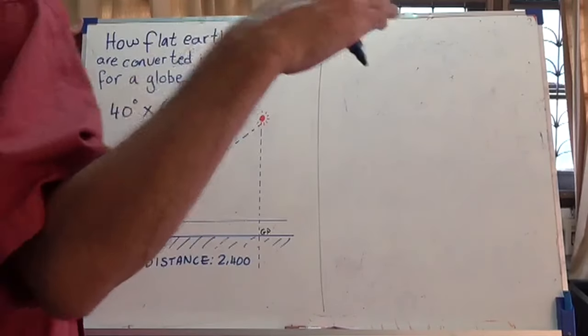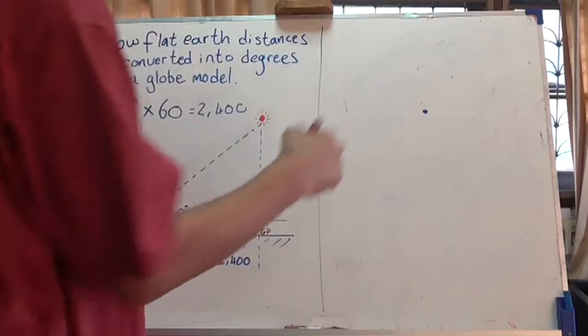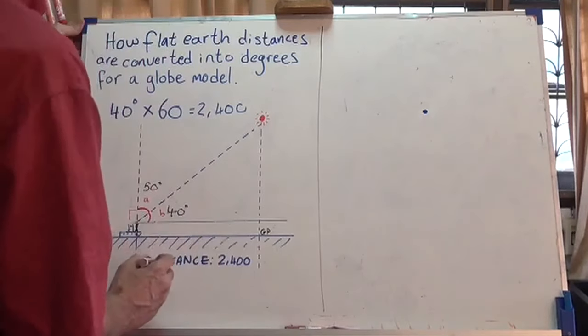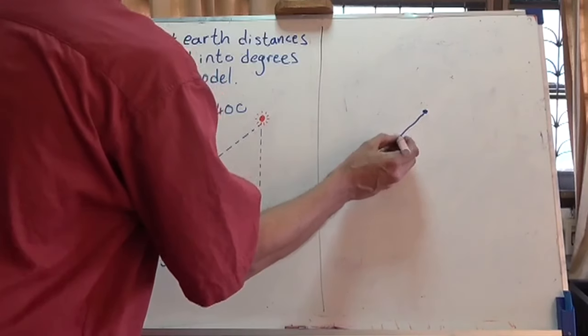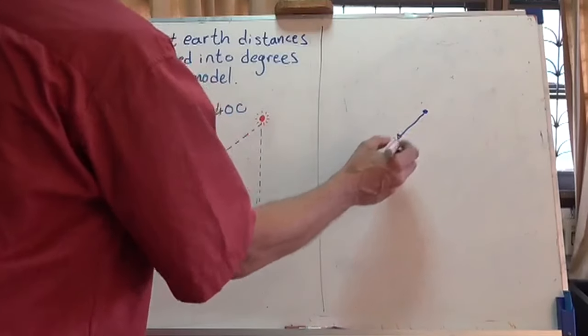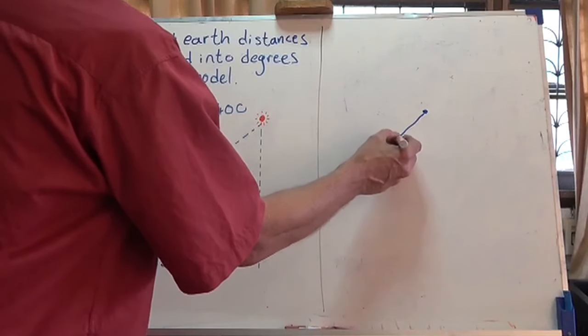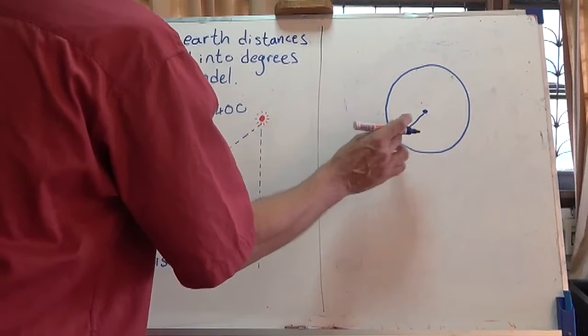If we do a top-down view, let's say that we are looking down at Polaris, we have this distance of 2,400 nautical miles from this ground point, but then that could be anywhere on this circle around the ground point.